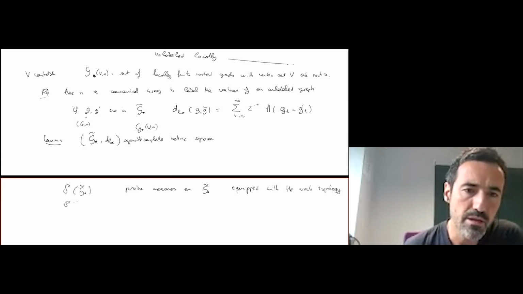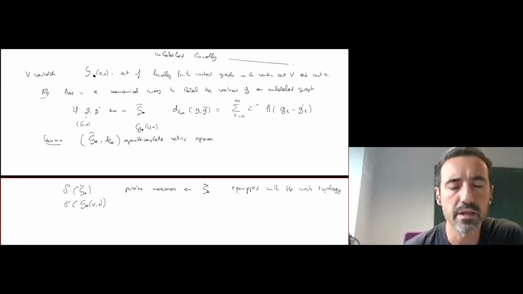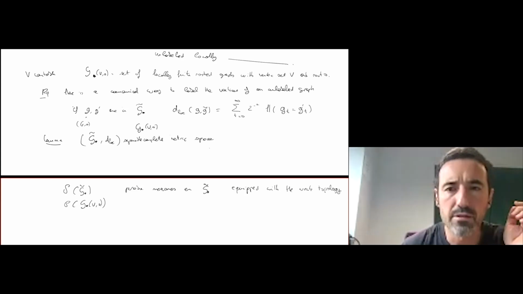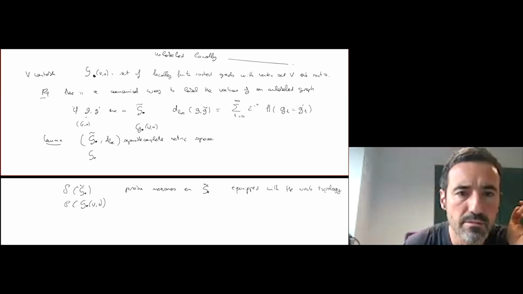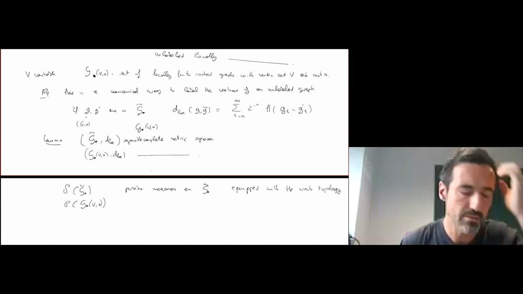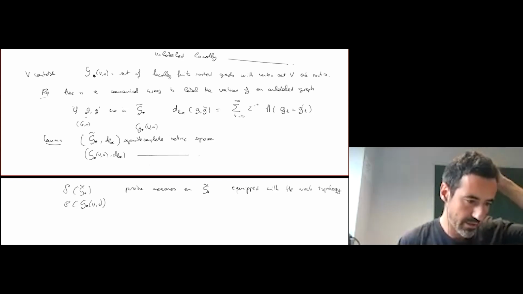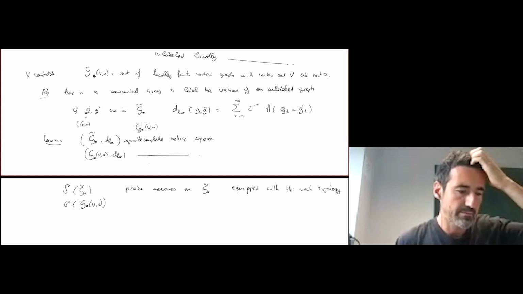You can do the same for the set of points if you have some reference vertex set, because this is also true for the notation orbit. It's also a complete metric space.